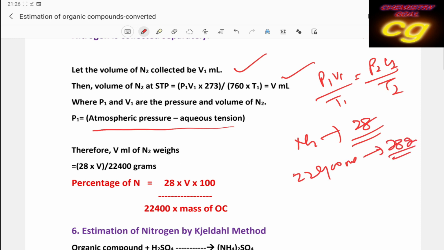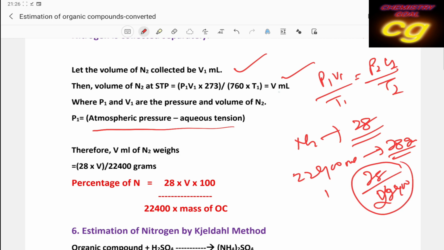This is the formula, you know the mole concept. 22,400 ml of nitrogen gas at NTP is equal to 28 gram because of the molar mass. Then 1 ml will be 28 by 22,400, the molar volume. So this is the mass of 1 ml.